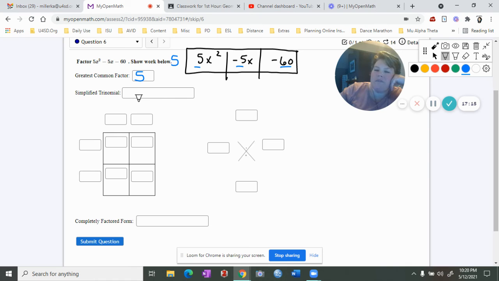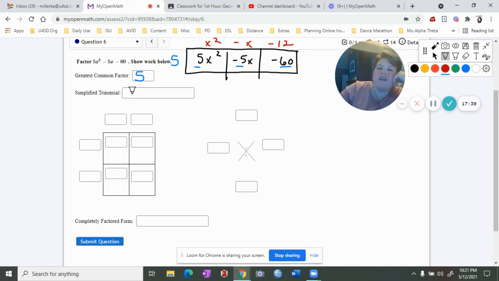So what's the simplified trinomial then? Well, it's what we have after dividing everything by 5. 5 times what is 5x squared? Well, x squared. 5 times what is negative 5x? Negative x. And 5 times what is negative 60? I believe that is negative 12.